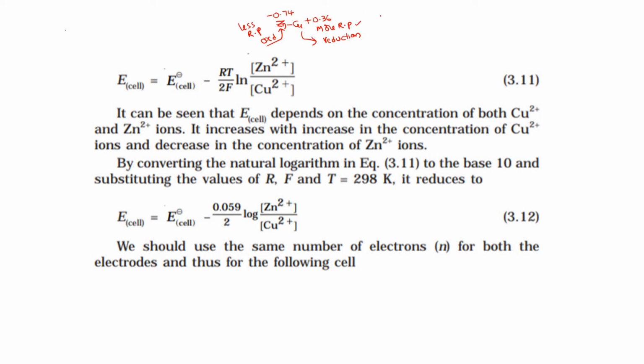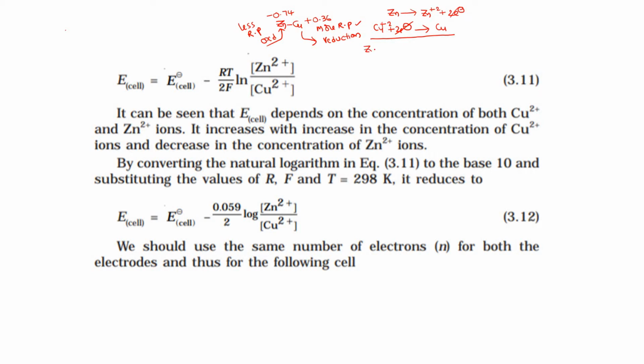more reduction potential. Now I am writing the reactions here. Zinc undergoes oxidation, giving 2 electrons. Next, copper undergoes reduction. The electrons must be balanced here to give copper. Now the 2 electrons are cancelled here.